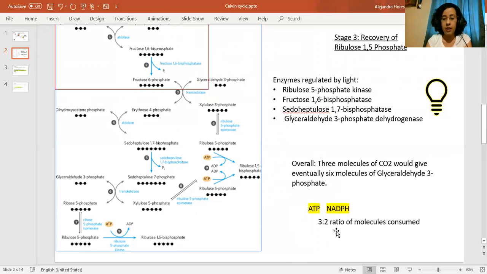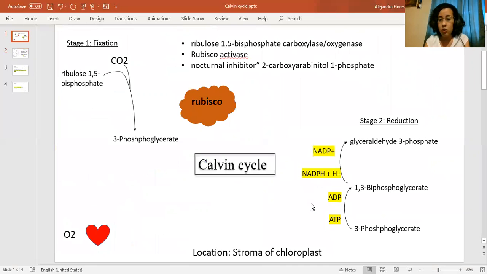So if I use 3 molecules of ATP, I'm gonna use 2 molecules of NADPH. But in this one, for those 3 molecules of CO2, I'm actually gonna use 9 molecules of ATP and 6 molecules of NADPH, because the same amount of each one of them is gonna be used here. When you fix 3 molecules of CO2, you use 6 NADPH and 6 ATP.